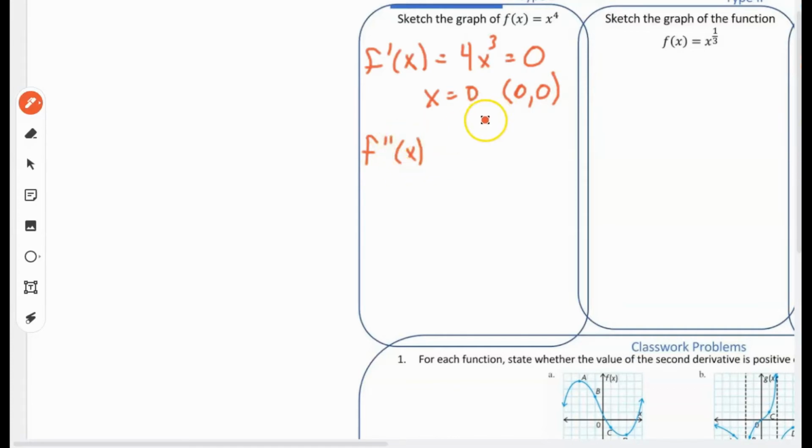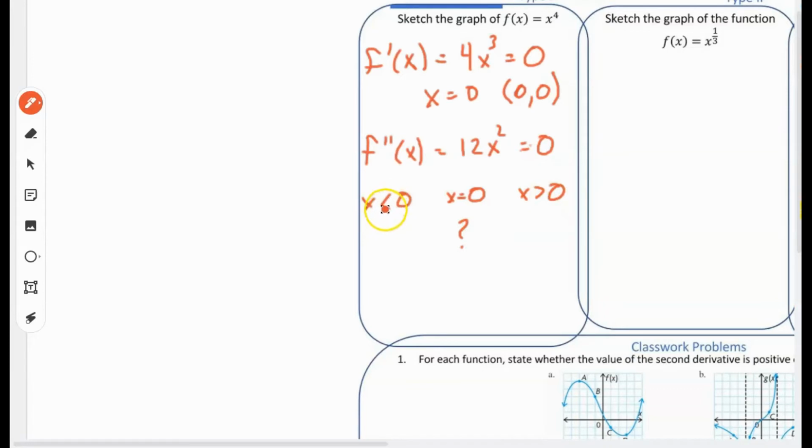So when we find the second derivative, we're going to get 12x squared. And if we set that equal to 0, we get a point of inflection, or a possible point of inflection, I should say, at x equals 0. So what we're going to do is test that by looking at what the second derivative is when x is less than 0 and when x is greater than 0.